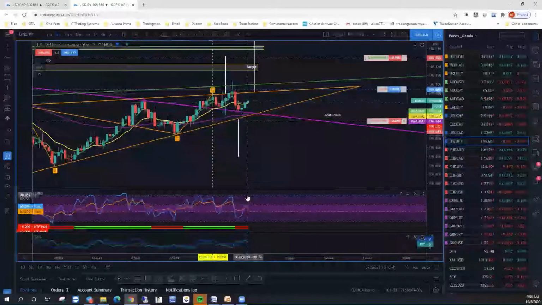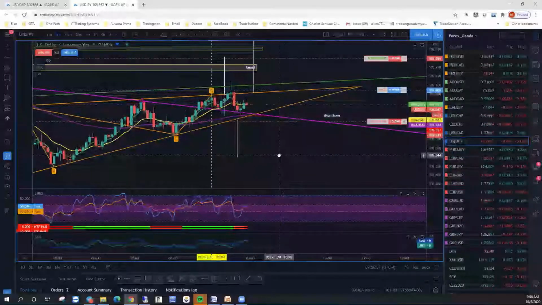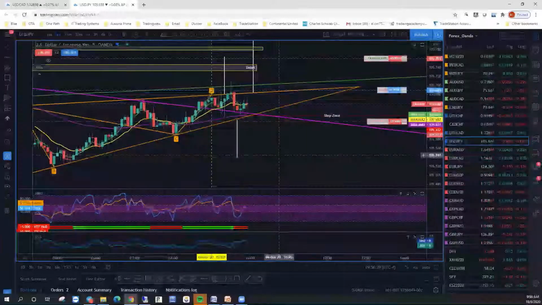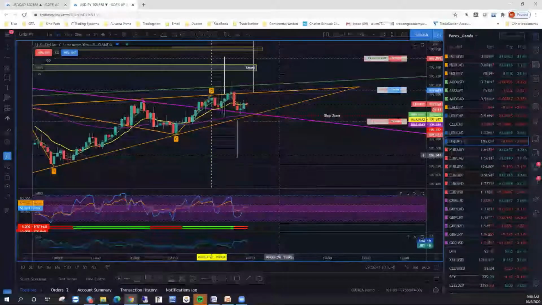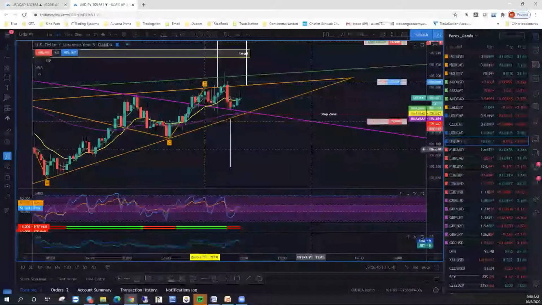Is the most important thing honoring the trend line, or the next important thing the order of my moving averages? What's the priority?